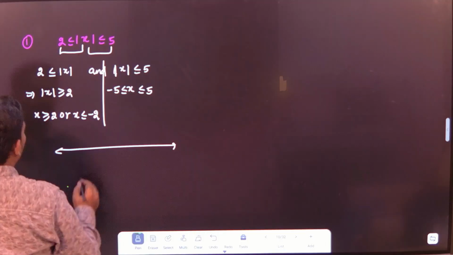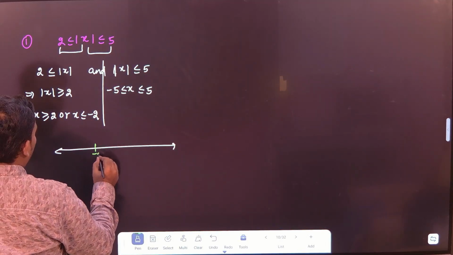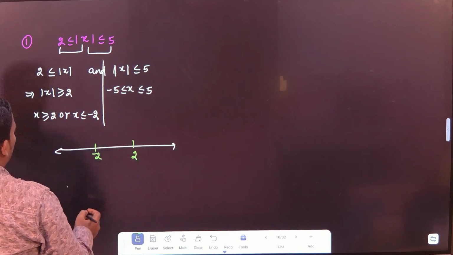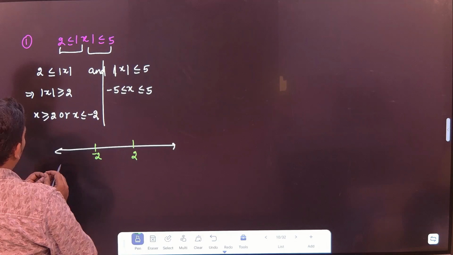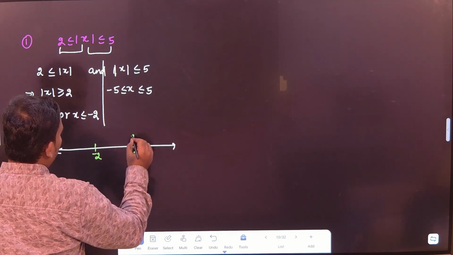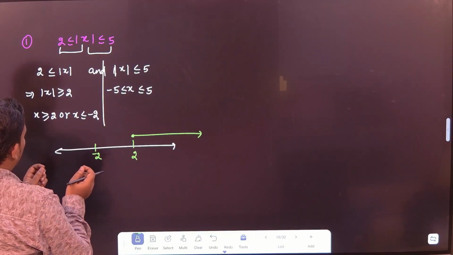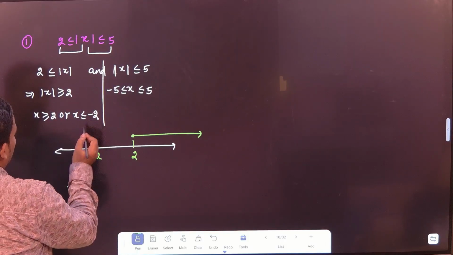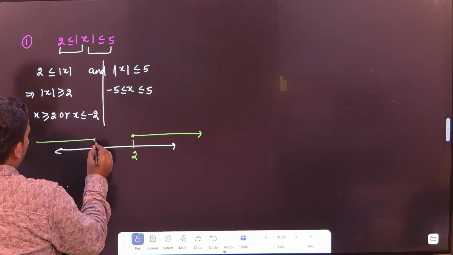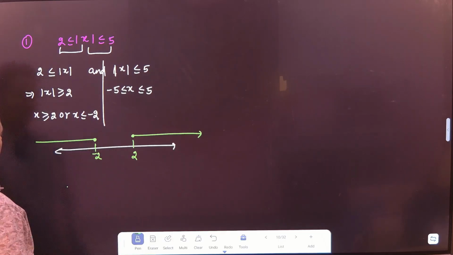The first one you can see here: minus 2, this is plus 2. So x is more than 2 here, then x is less than minus 2, right? Clear?